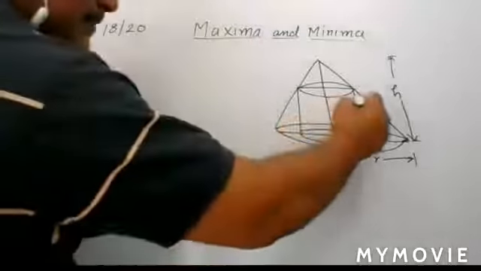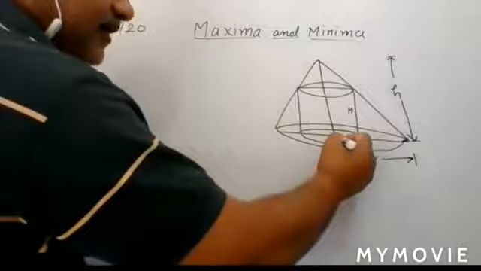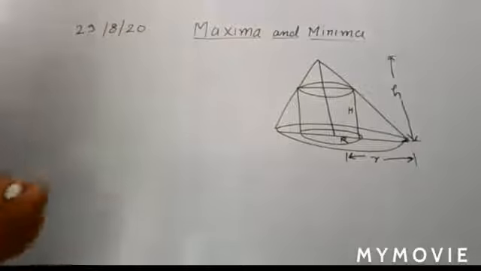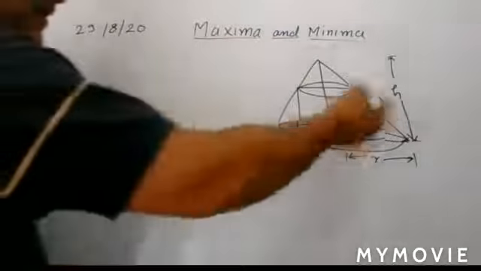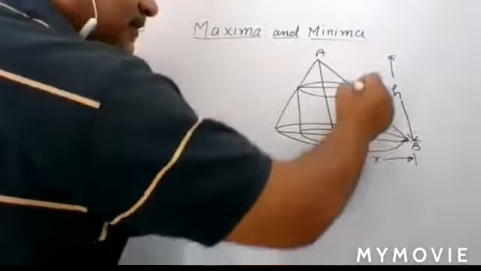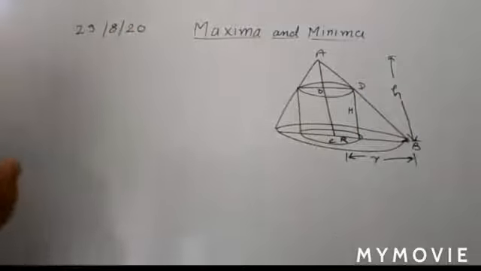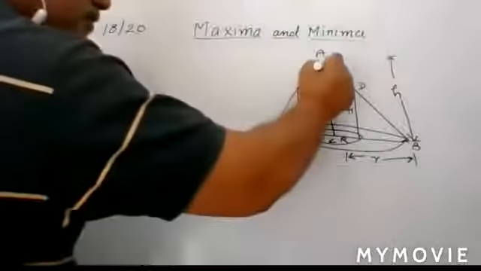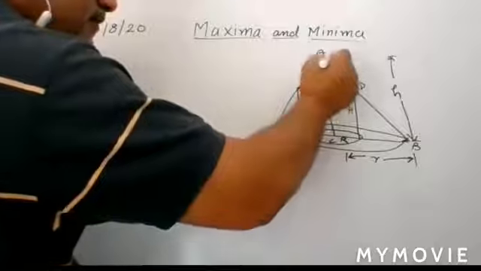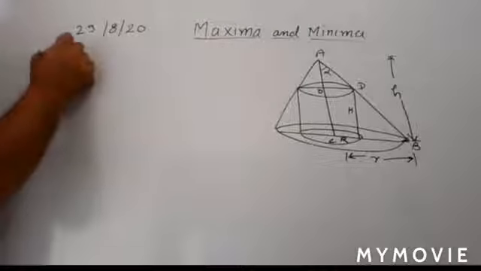And capital H is the height of the inscribed cylinder, and capital R is its radius. In the same way, you name them as triangle ABC. Here you have D, and here you write O. Suppose this angle is given as alpha, which is the semi-vertical angle.